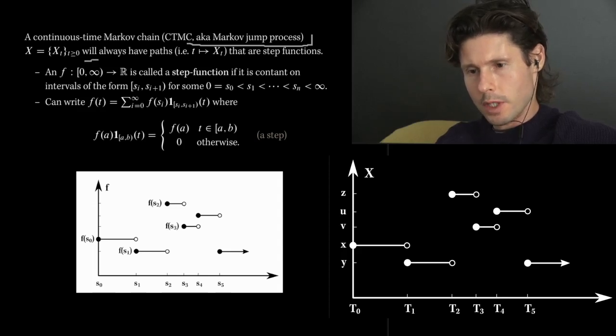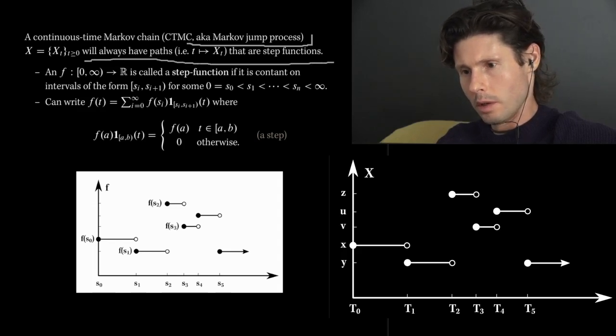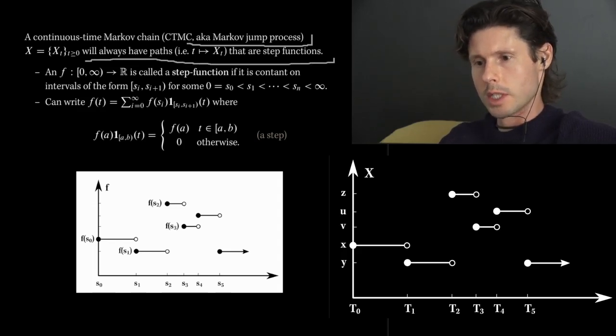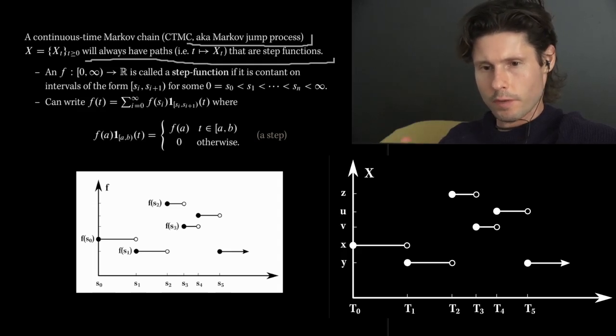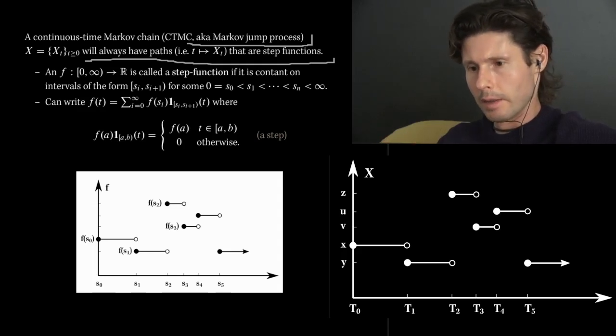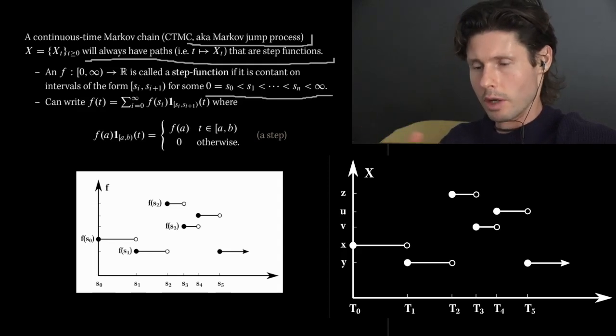So the first feature of continuous time Markov chains are their paths, which are mathematically going to have to be step functions. Step functions are functions that are constant on given intervals. In other words, you're given a partition of time, or it doesn't have to be time in general, but in our case it is.